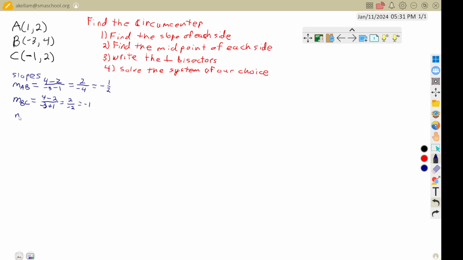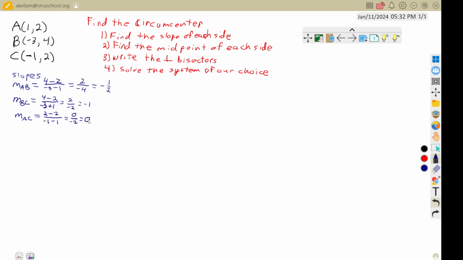And the slope of AC is going to equal 2 minus 2 in my numerator, over -1 minus 1 in my denominator, and that's going to give me 0 over -2, which is just 0.